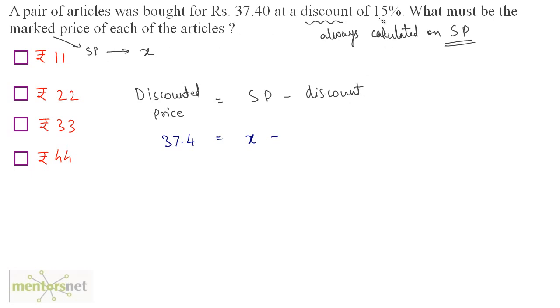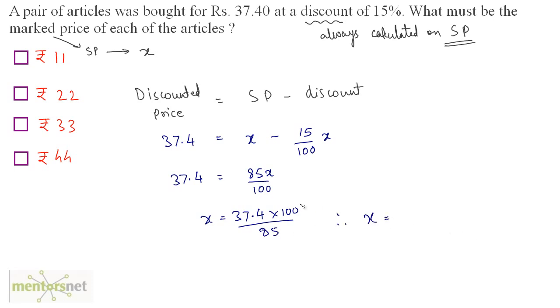So the discount is 15% of the selling price, so 15 upon 100 x. Now we have 37.4 is equal to 100x minus 15x, which gives you 85x upon 100. So I have x is equal to 37.4 times 100 divided by 85. Therefore x is equal to, when you solve this, you get 44 rupees.